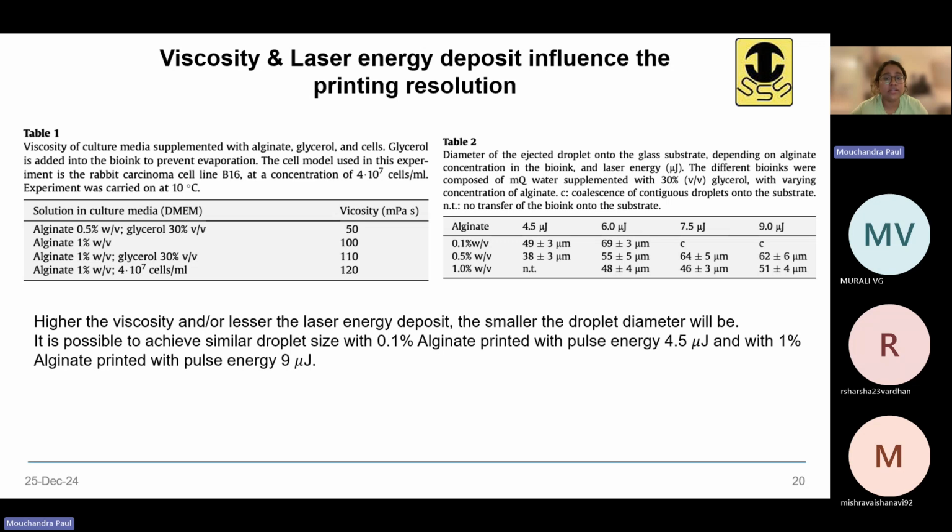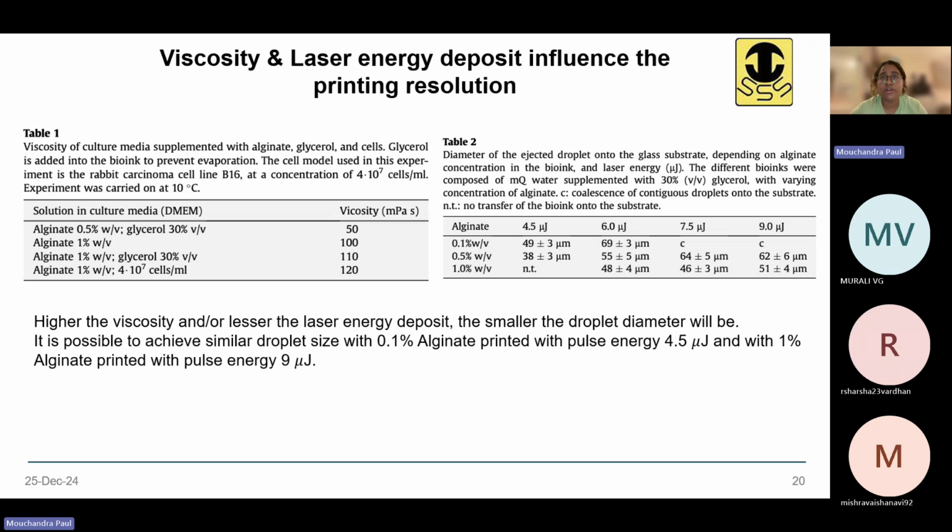In this slide, they are trying to show the influence of the viscosity of the bioink and the laser energy deposited on the bioink on the printing resolution. In table 1, they are measuring the viscosity of culture media supplemented with alginate, glycerol and cells.